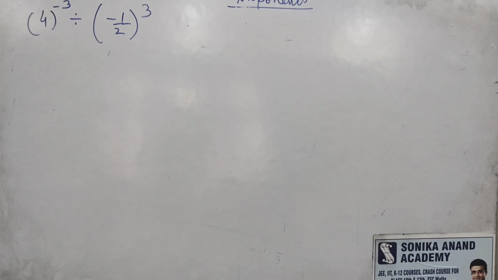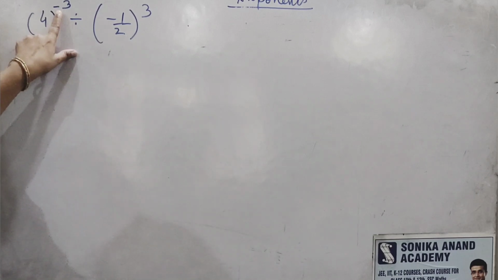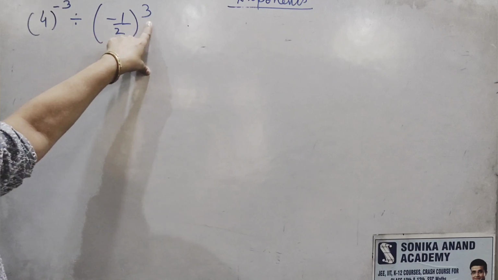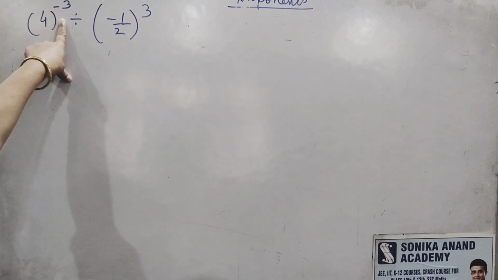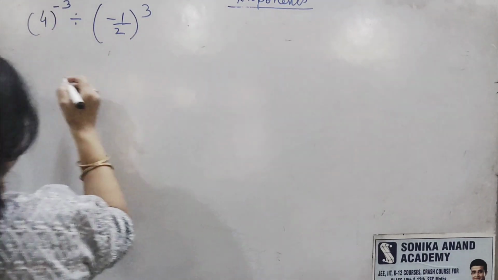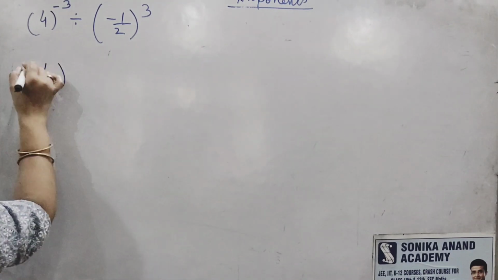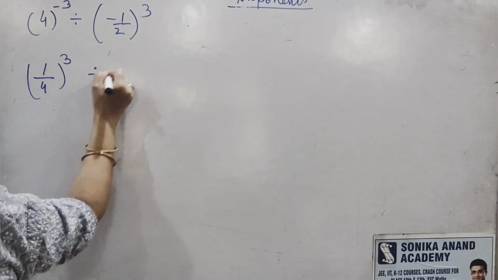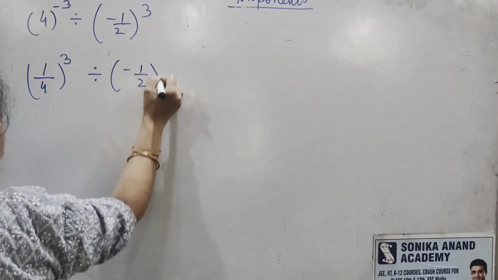Now next question which we have to solve. 4 to the power minus 3 divided by (minus 1 upon 2) to the power 3. Now this minus 3 we change it. How does it change? 1 by 4 to the power 3 divided by (minus 1 upon 2) to the power 3.